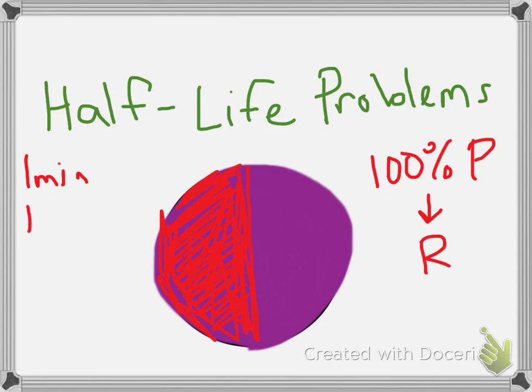After another minute, half of what's remaining has decayed into red, and we are left with only a quarter of the purple. After another minute, again, half of the purple that's remaining decays into red, and we're only left with an eighth. And so on. This can go on forever.